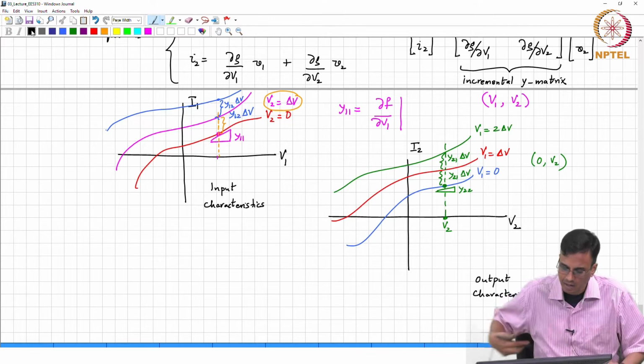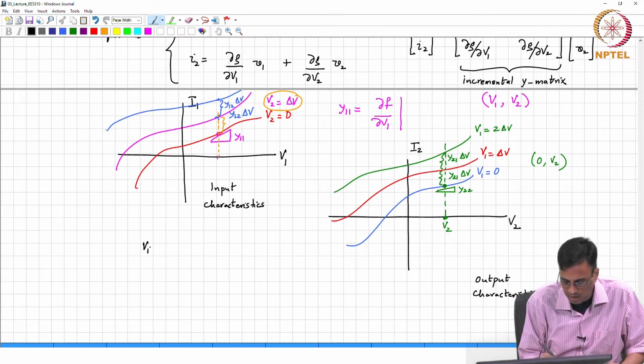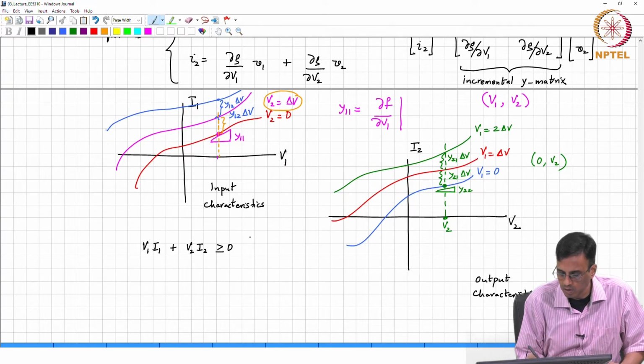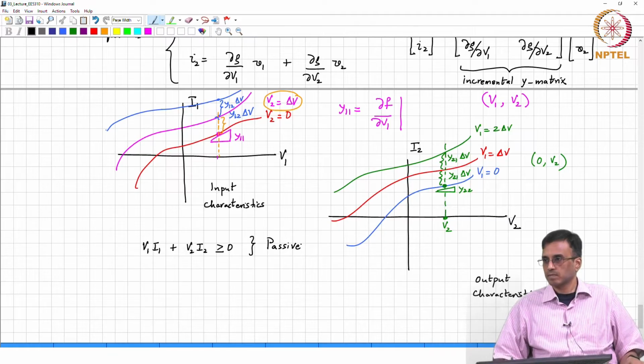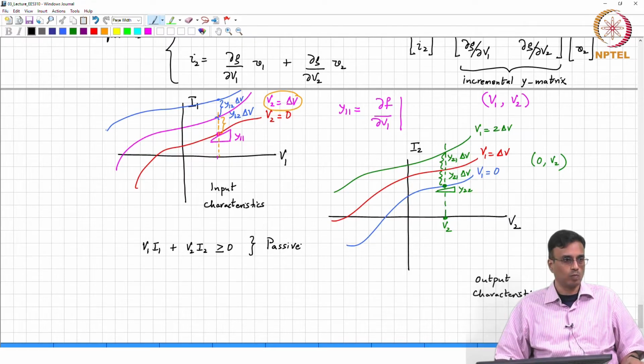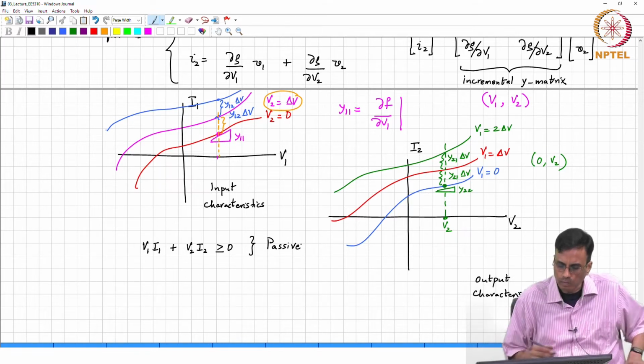So, basically V1 I1 plus V2 I2 must be greater than or equal to 0 if the nonlinear two port is going to be passive. Is this clear? Okay.